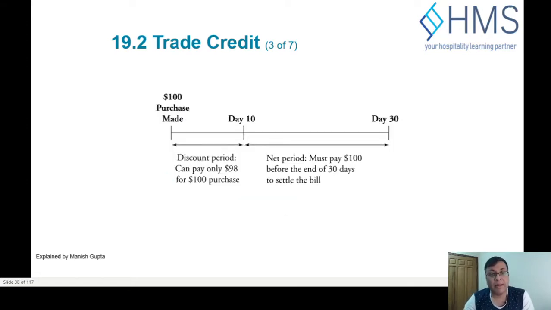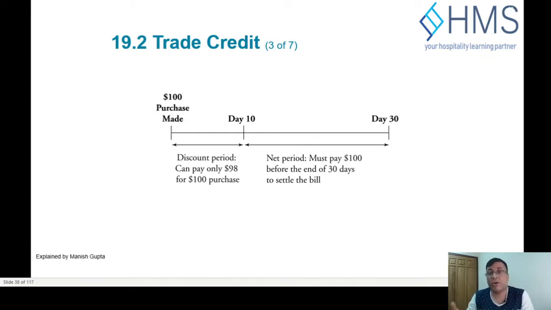Now this is a graphical example: if you make a $100 purchase, within 10 days you pay $98. After that, up to 30 days, you need to pay the full $100. So either you pay on the 10th day to get the cash discount, or you pay on the 30th day. There is no point in paying on the 15th day, 20th day, 12th day, or 17th day. Why? Because you are not taking any advantage.